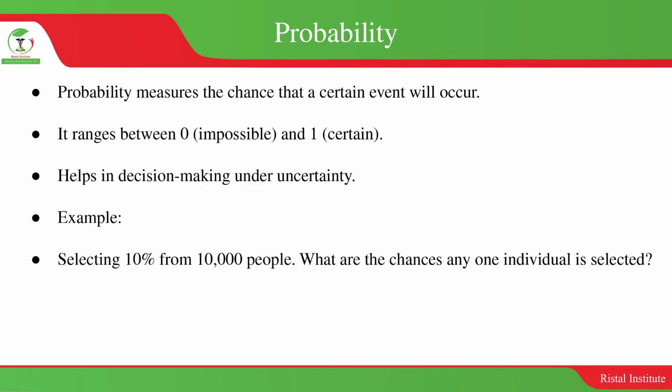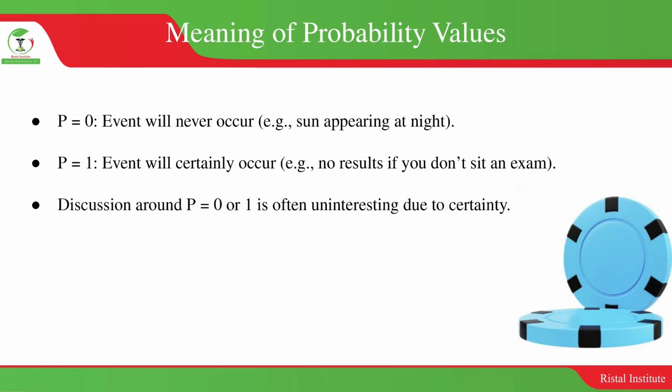Like we said, a probability of zero would imply that the event will never happen, and a probability of one would imply that the event is certain to happen. So for any event that has probability zero, that event will not happen.